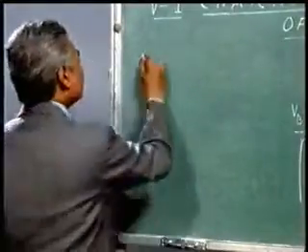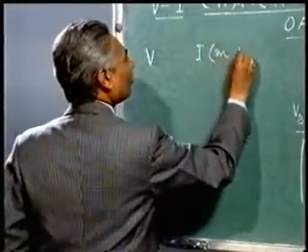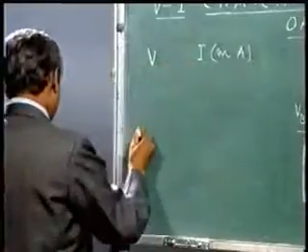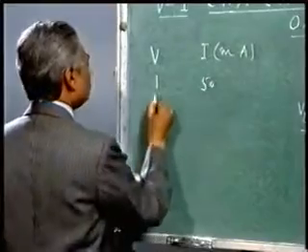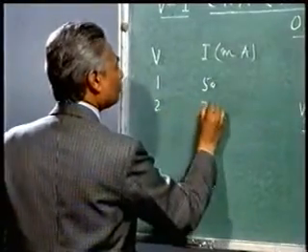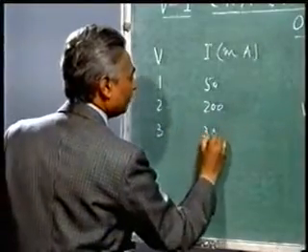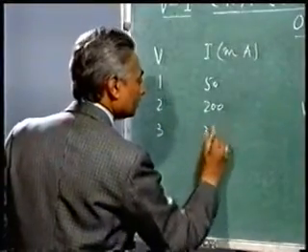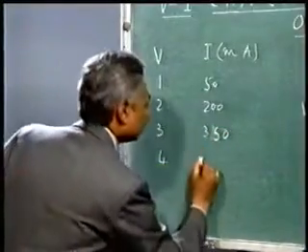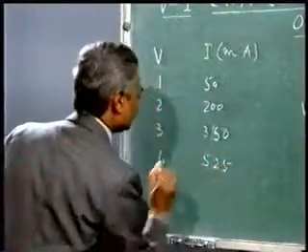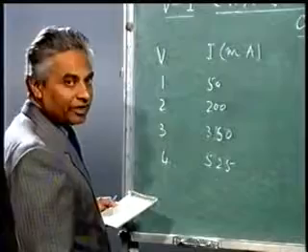Okay, so this is voltage, this is current, of course in milliamperes. 1 volt is 50, 2 is 200 milliamperes, 3 is 350 milliamperes, 4 is 525 milliamperes. Okay, and after that you remember at 5 volts the device had triggered.